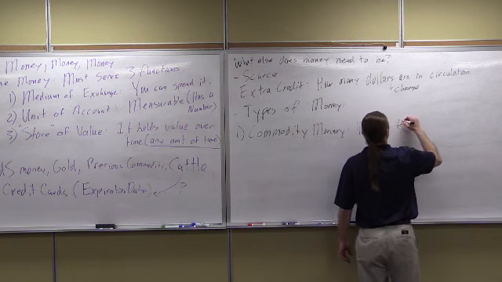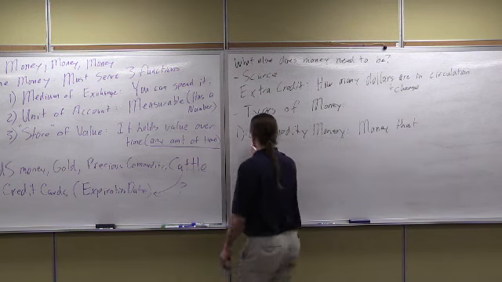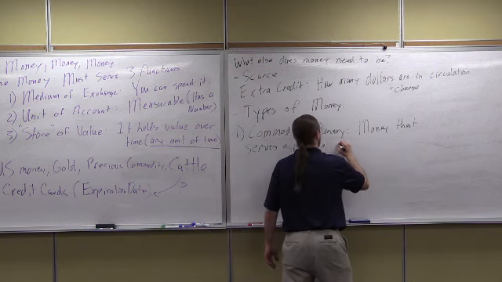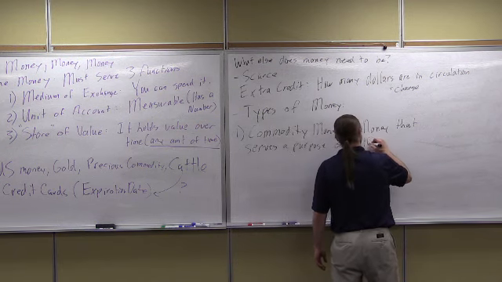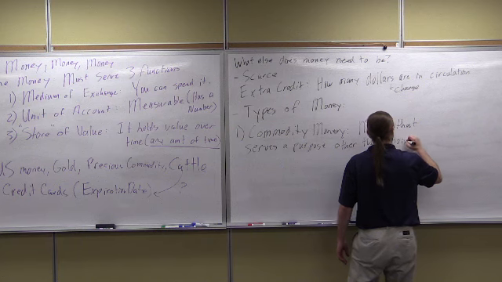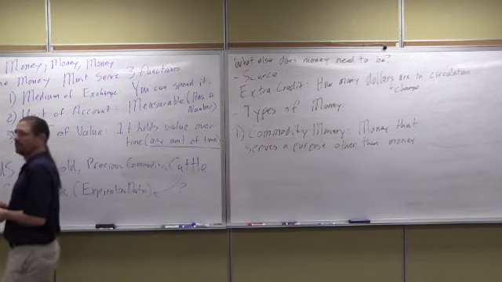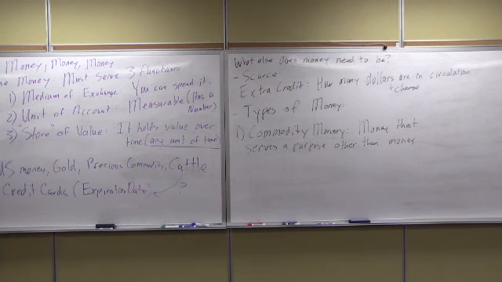Money that serves a purpose other than money. So things like gold, it can be considered money from most people's arguments, but at the same time it also serves as jewelry, right?